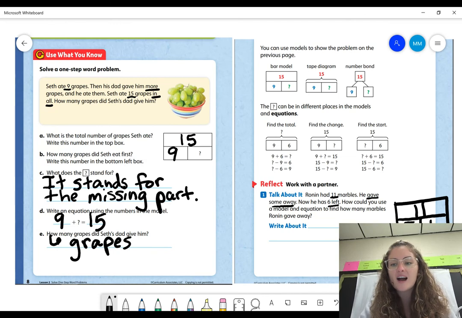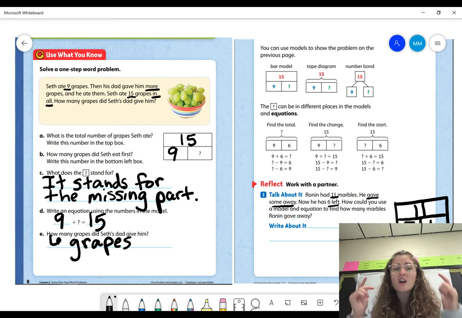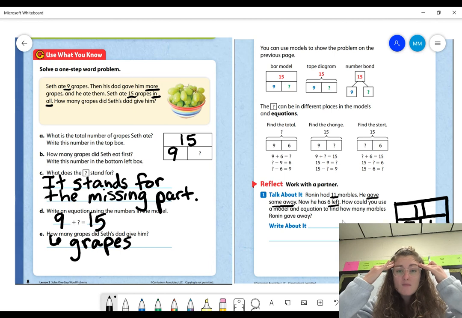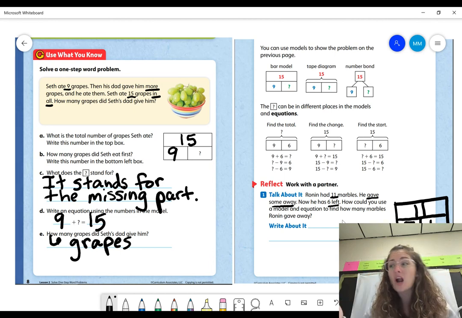He has 5 left. Guys, when we are talking about these word problems, it's really important that you mark your story up, because if I don't listen to the words and think about what they mean, I won't know what part I have left. I won't know what my whole is. I won't know what my part that I'm adding to another part is.